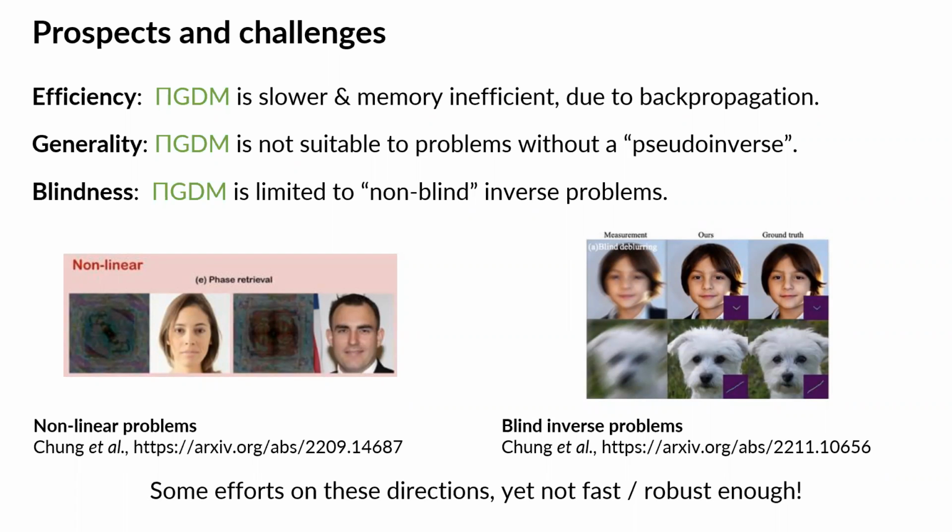And it is relatively limited to non-blind inverse problems, where we have to know what H, the forward operator, is. There are some efforts on trying to solve these problems for nonlinear cases or even blind inverse problems where you don't know the operator. But I would say that these efforts don't give you fast or robust enough algorithms. They mostly work in cases where you have like 1,000 iterations that are pretty slow.